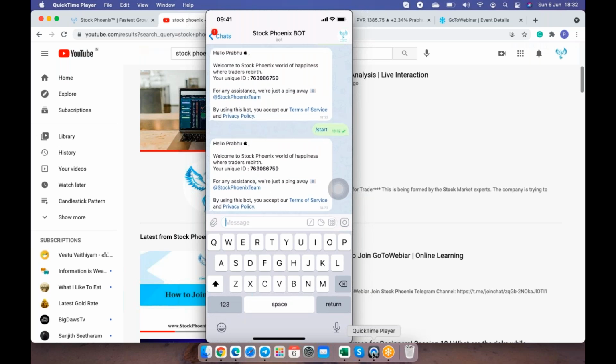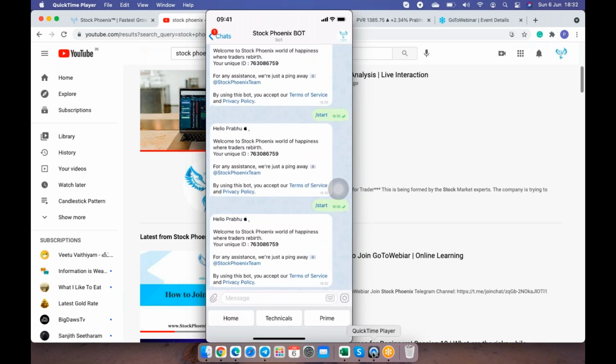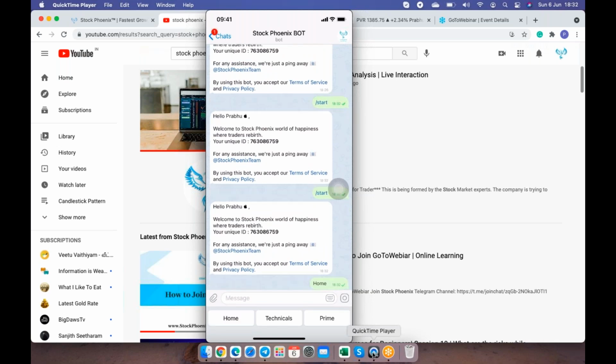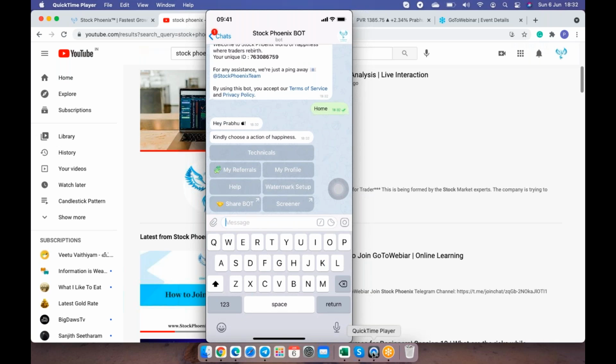The main screen will have three options, which are home, technicals, and prime. Let's click on the home button. You get different menus on the screen, which are technicals, my referrals, my profile, help, watermark, share bot, and screeners. Now let's talk about my referrals first.